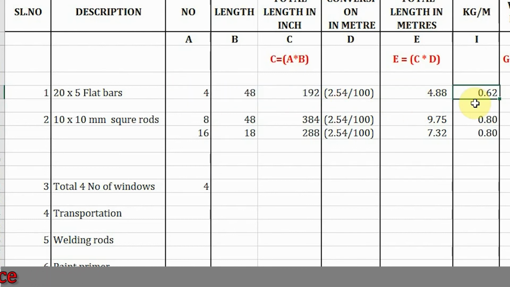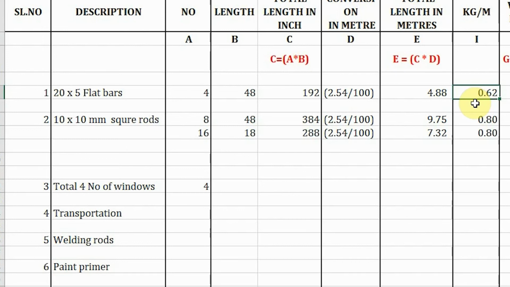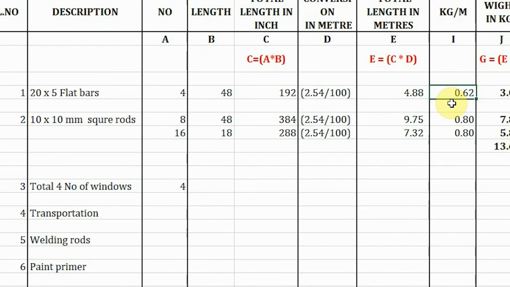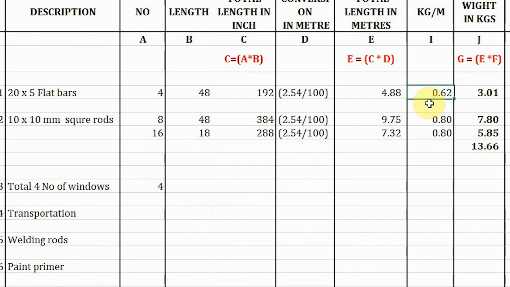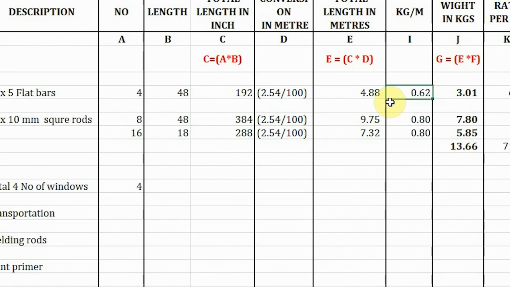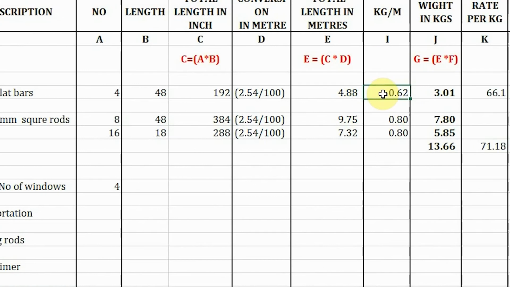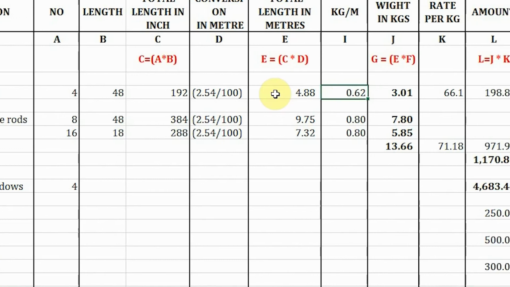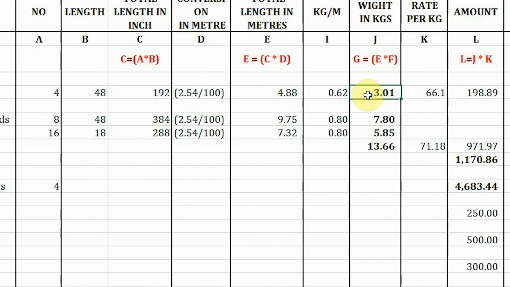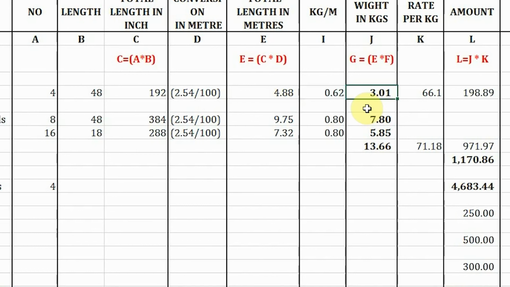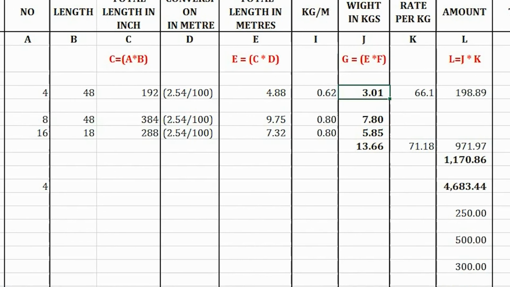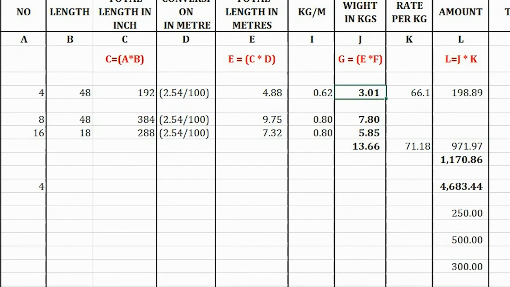It is 0.62 kilos per meter. This is available on the internet or in a data bank. So 1 meter of 20 by 5 mm flat bar is equal to 0.62 kgs. So here I take 0.62 per meter into 4.88, which is equal to 3.01 kilos required for the 20 by 5 mm flat bar.